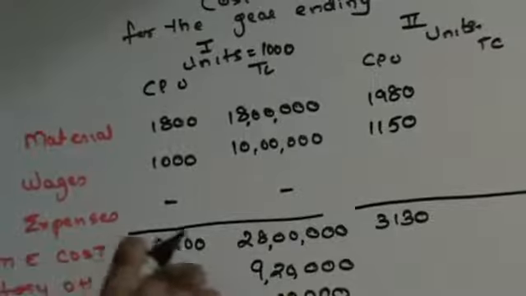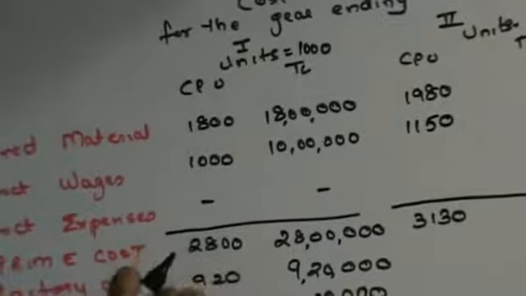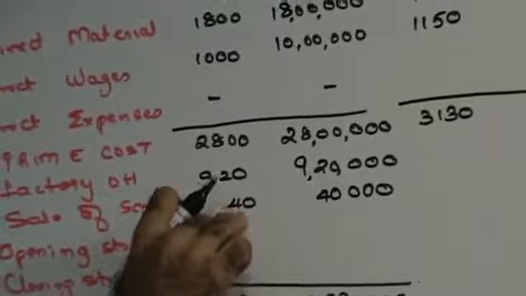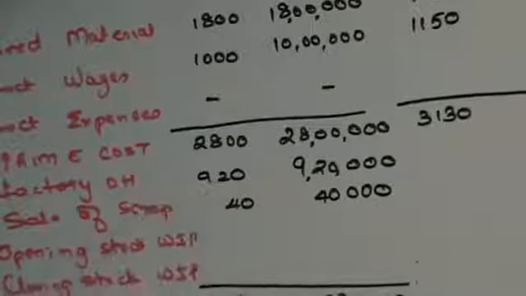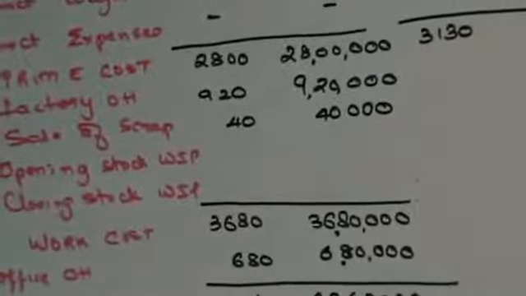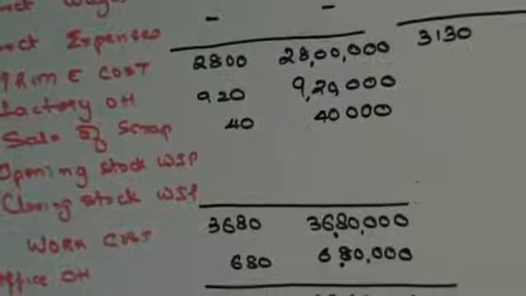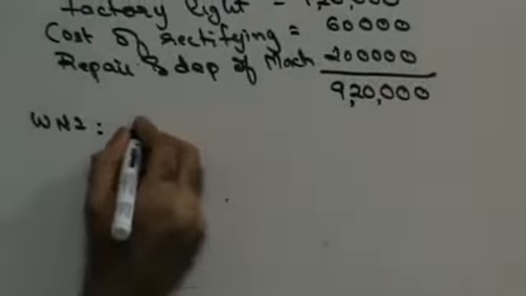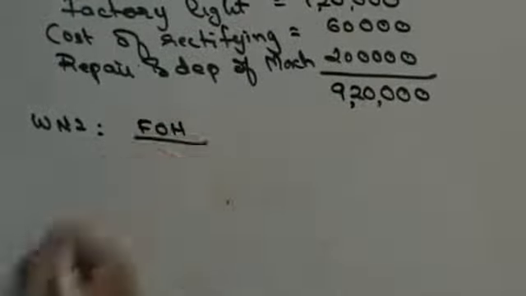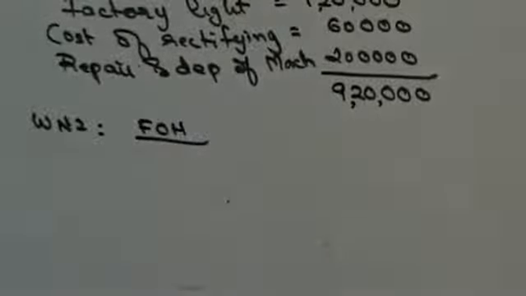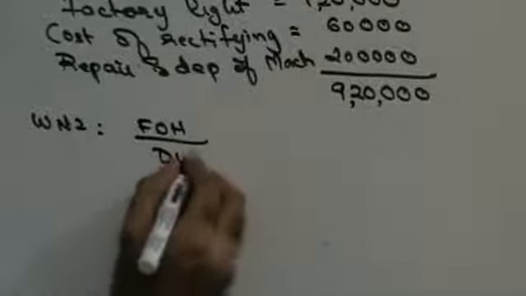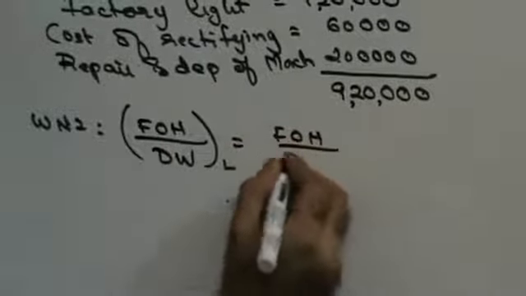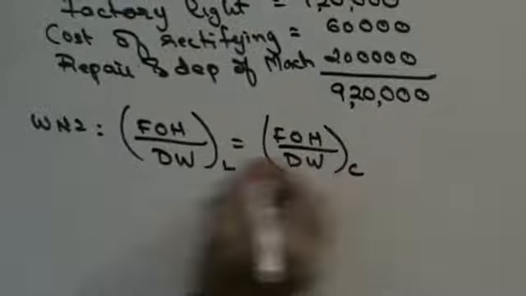Now guys, look at your factory overheads. It is 920. Out of that, 40 rupees is sale of scrap. So how much is the net factory overheads of last year? 880, right? So I can say working note 2. When they say has to be recovered as a percentage, that means factory overheads upon direct wages of last year should be equal to factory overheads upon direct wages of current year.